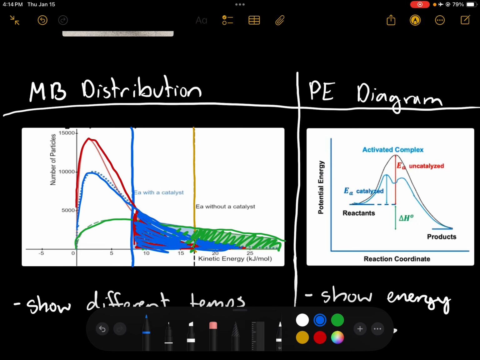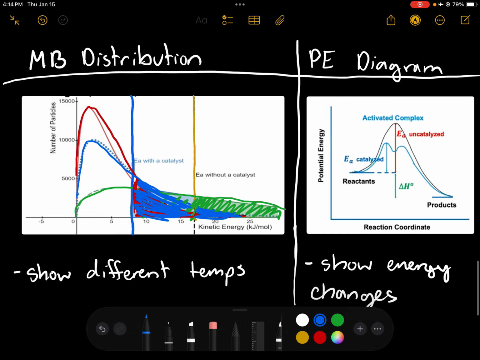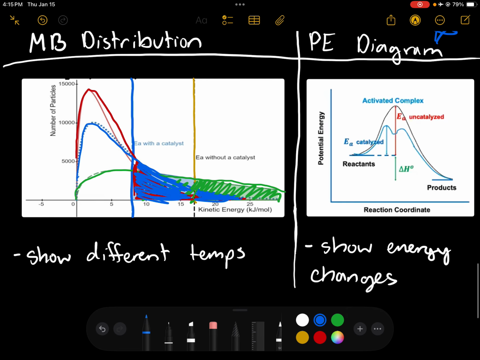And so looking at this distribution versus what we've already talked about, the potential energy diagrams, why would you need to use a Maxwell-Boltzmann when you already know how to use a potential energy? Well, because the Maxwell-Boltzmann distribution is going to show different temperatures and different amounts of molecules, whereas the potential energy diagram only shows energy changes over the course of the reaction.